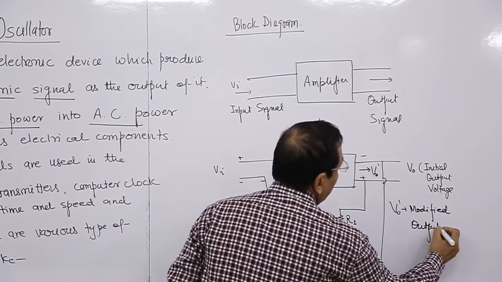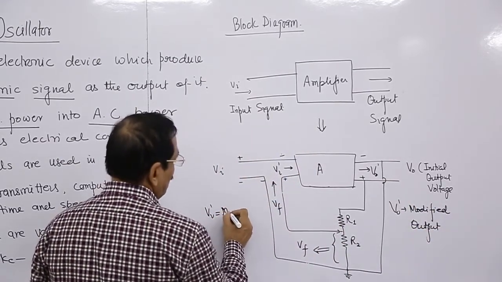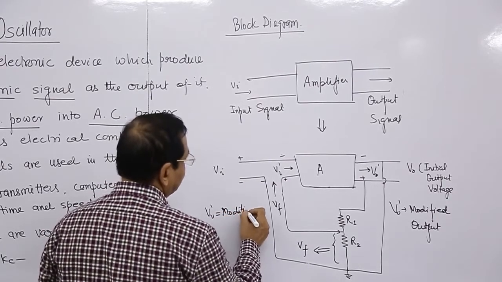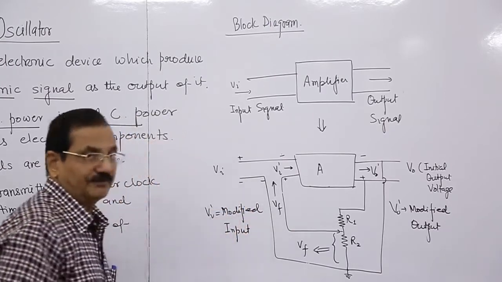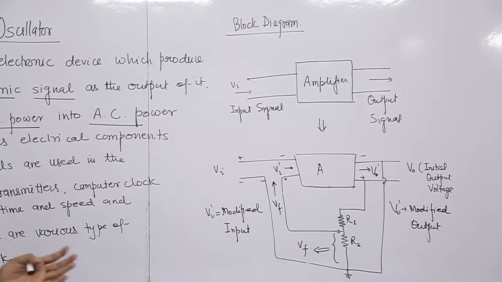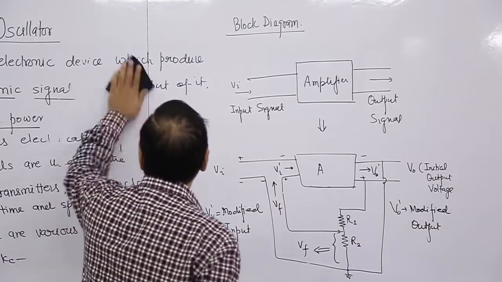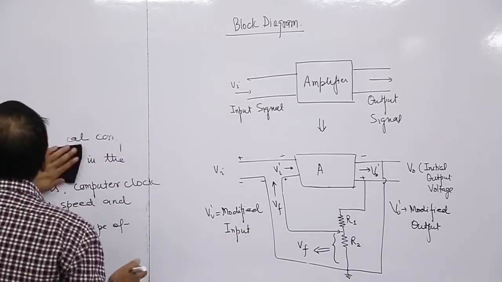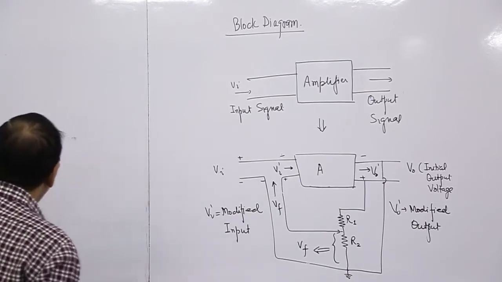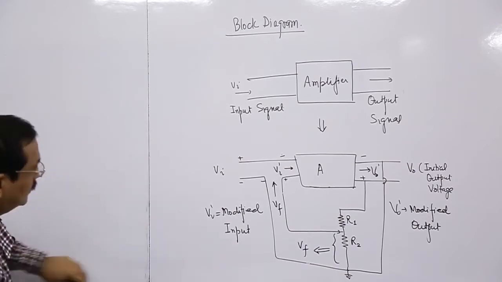Now, how much is this modified? The modification of this part is Vf, and this Vf can be calculated with the help of the given network, that is the potential drop across the resistance R2.